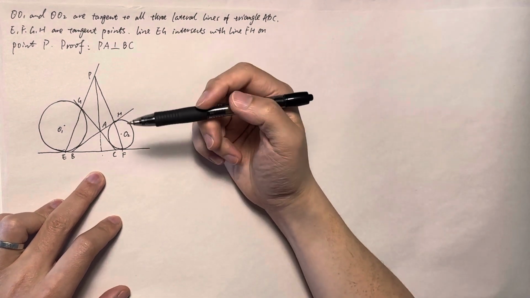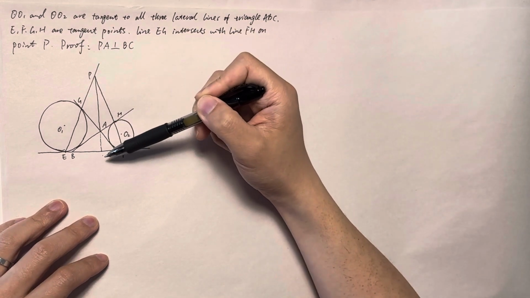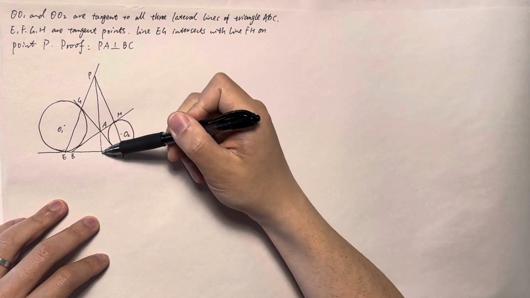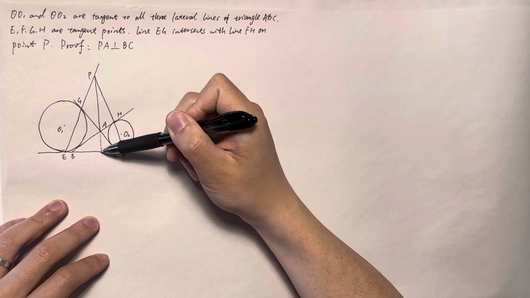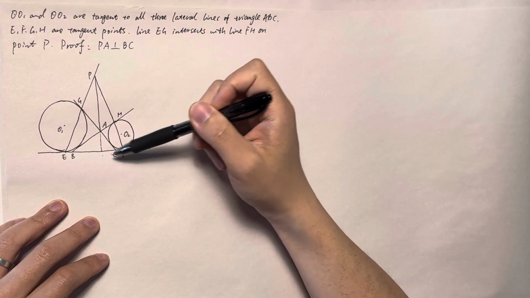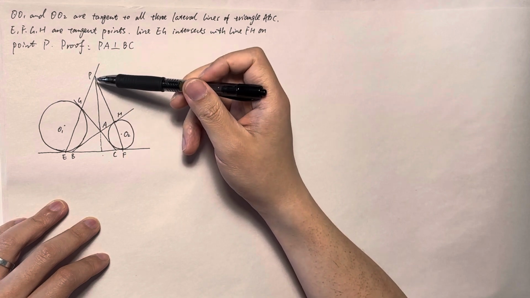A very straightforward thinking is that we can extend PA to line BC, assuming that the crossing point would be D. So we want to prove that the angle FDP or angle BDP is 90 degrees.